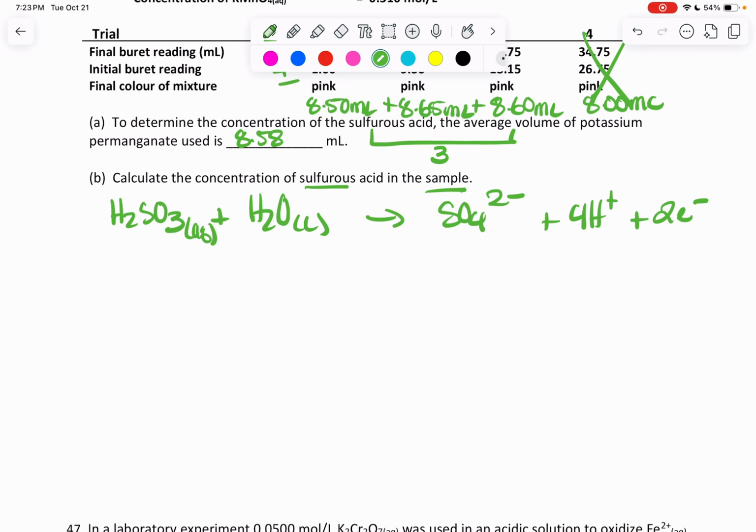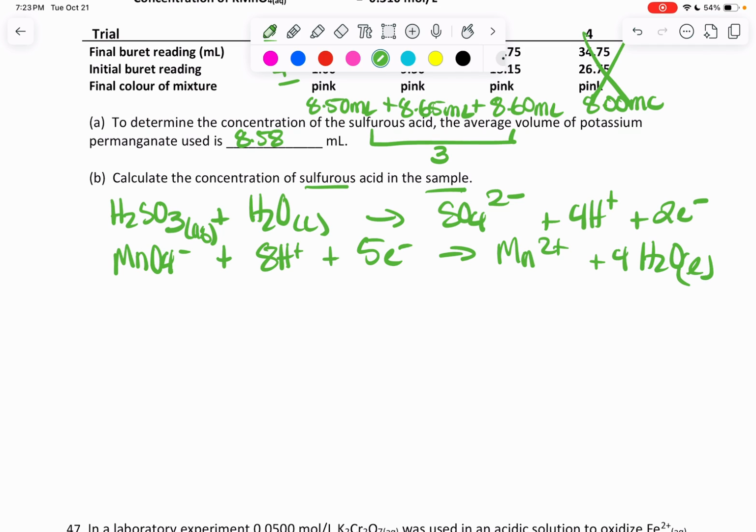And then our good old standard permanganate, MnO4⁻ plus 8H⁺ plus 5 electrons gives us Mn²⁺ plus 4H2O liquid. So now what we're going to do is we're going to look at our electrons.